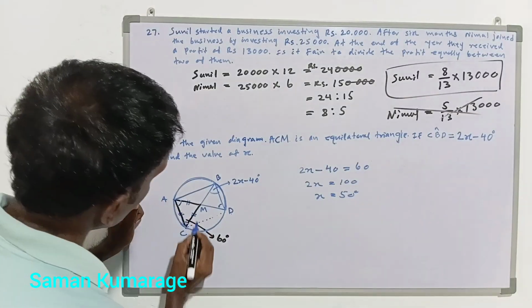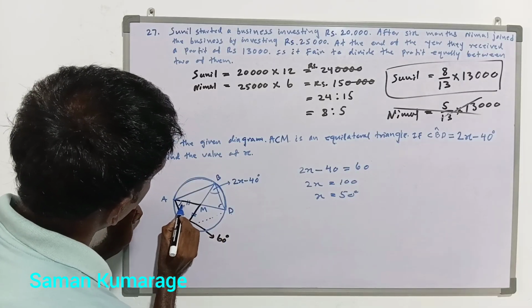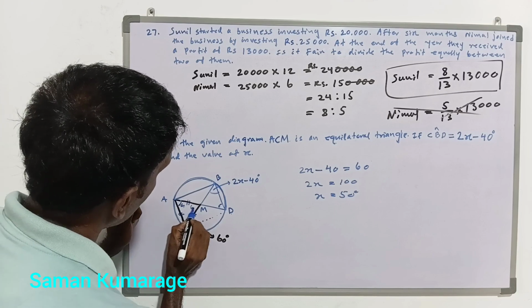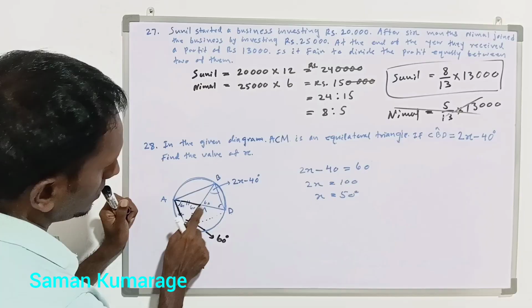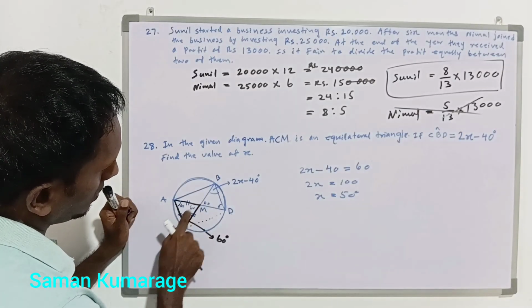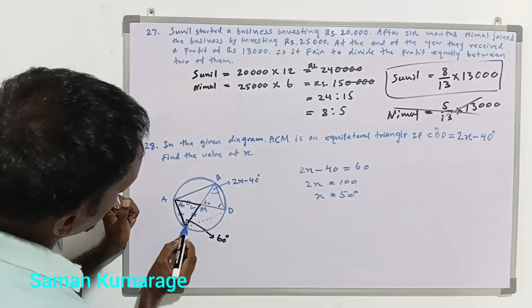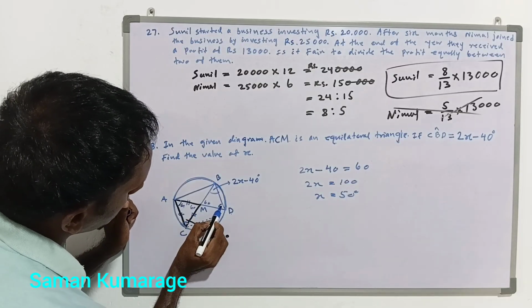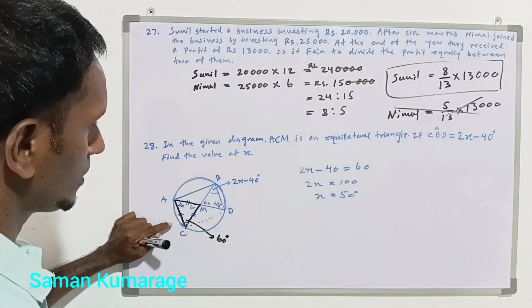Therefore, we know that this is 60, this angle is 60, and this angle should also be 60 because these are vertically opposite angles. And since this is 60, this should also be 60 because we know that the angles of the same segment are equal.